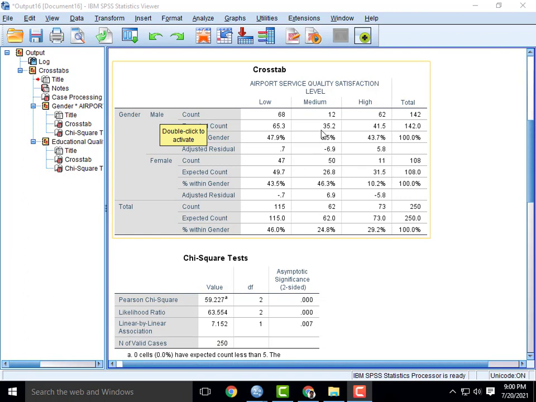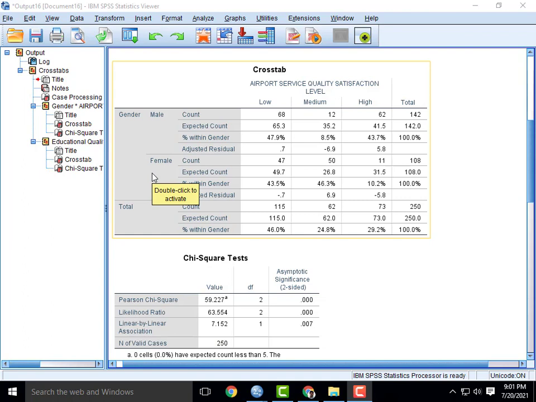In this, the medium level for male category adjusted residual value is minus 6.9. So this portion contributes more towards the significant value. In male category, medium level satisfaction, that is minus 6.9, is beyond 1.96. So we conclude that this segment contributes more towards the significance of the data.